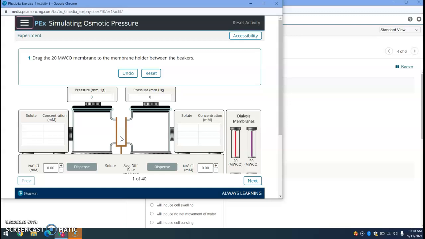And now we're going to do the actual experiment. It says drag the 20 molecular weight membrane to the membrane holder between the beakers. Okay, so here to here.